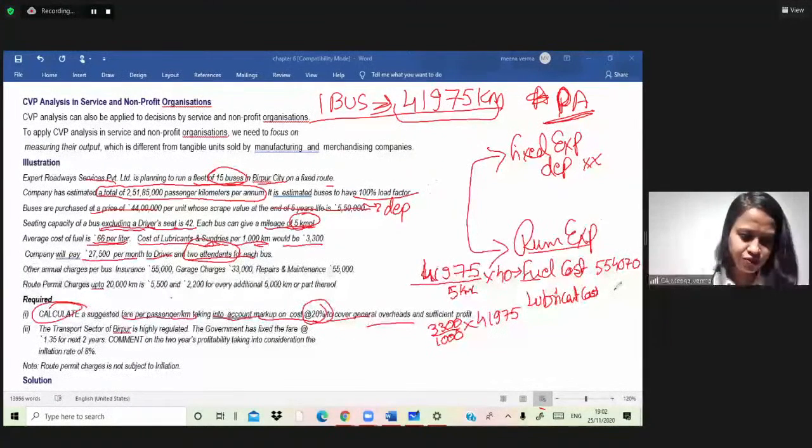Give me the answer of lubricant cost. Quickly, I want all of you to do this. You have given me the fuel cost. Now give me the lubricant cost. I hope this is clear to all of you. It is given here that for 1,000 kilometers, the lubricant cost is this. So what will be the lubricant cost for the entire per annum? Give me the answer quickly.